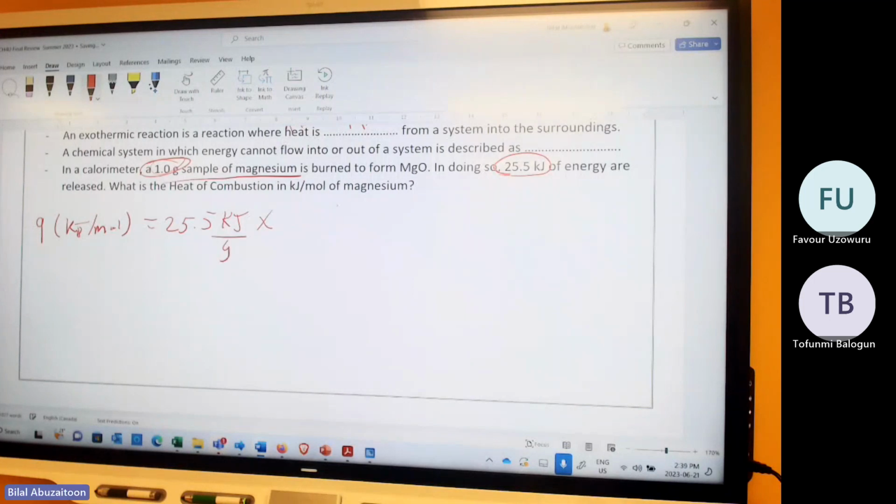This is per gram times 1 gram, 24.31 grams, I'll just explain, 1 mole, times 1 gram. I don't know what that measures. Never mind, never mind. It doesn't work.